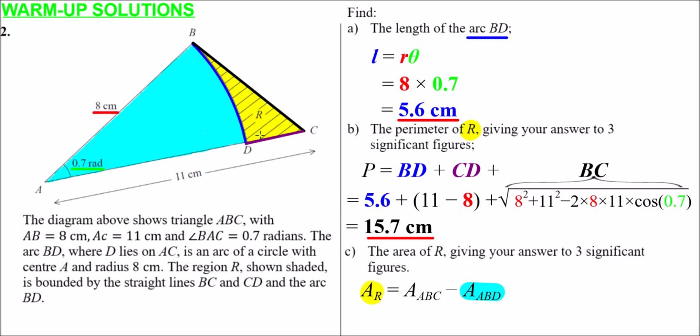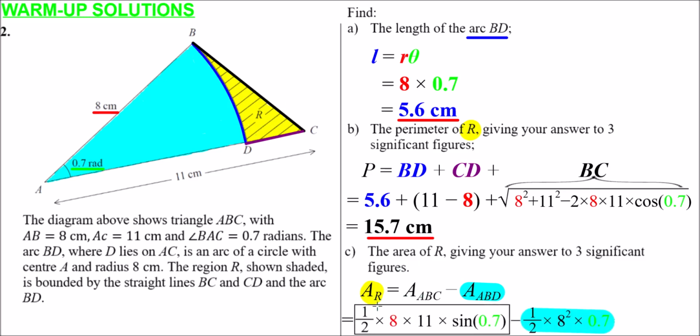The area of a triangle, of course, is half ab sine C. That's this formula here. For triangle ABC, I've used this formula for the area of a general triangle, half ab sine C, where angle C is the angle in between the two known sides, 8 and 11. For sector ABD, I'm applying the formula for the area of a sector when we know the angle in radians.